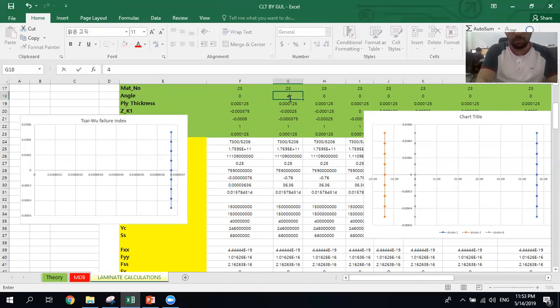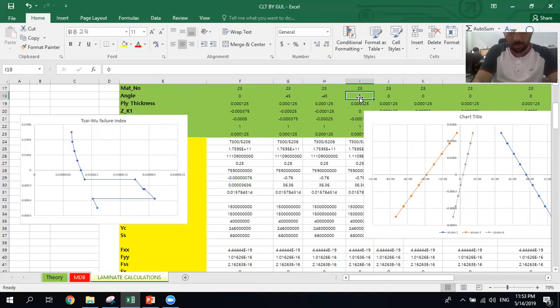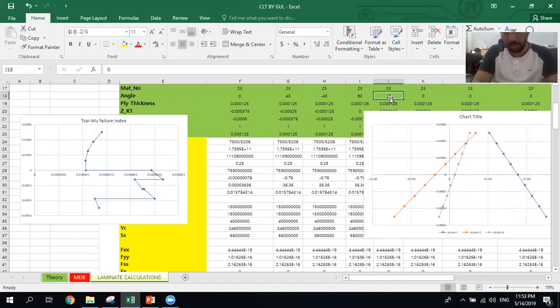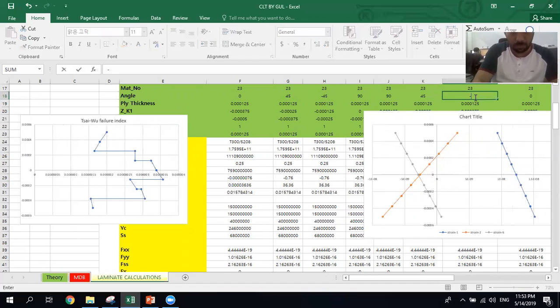Let's say 45, minus 45, and I'm going to design 90, 90, 45, minus 45.